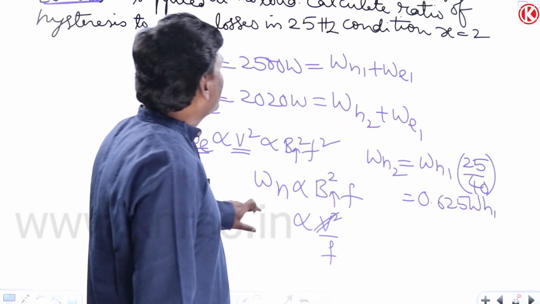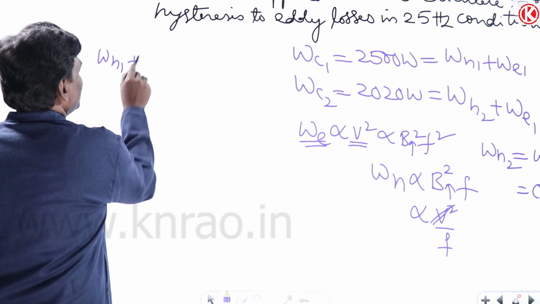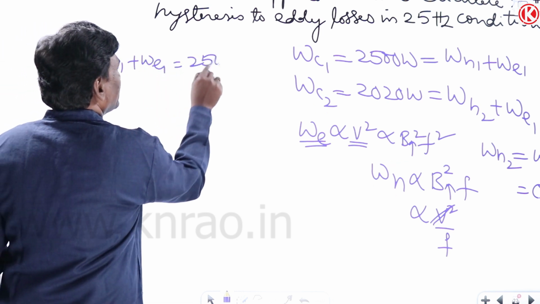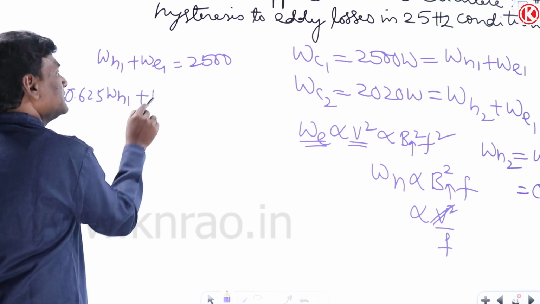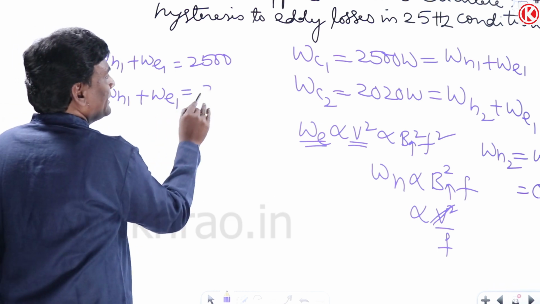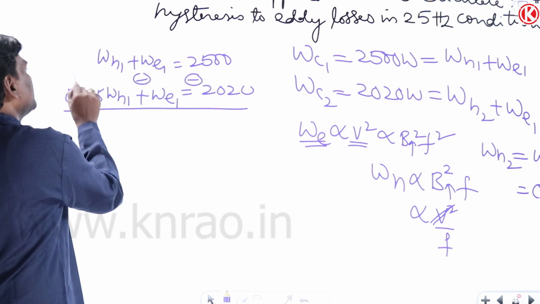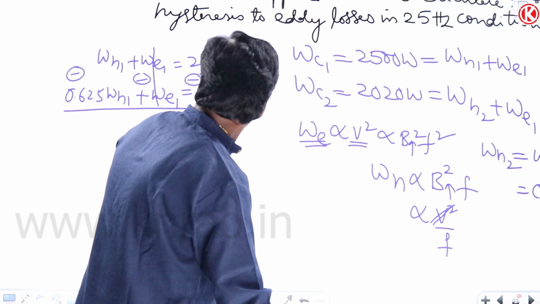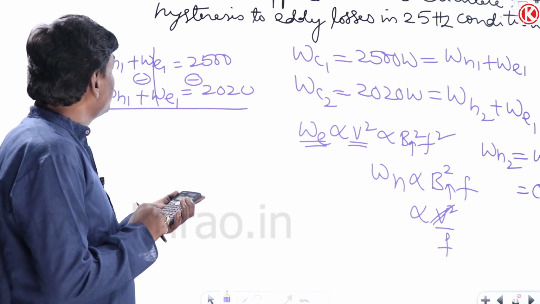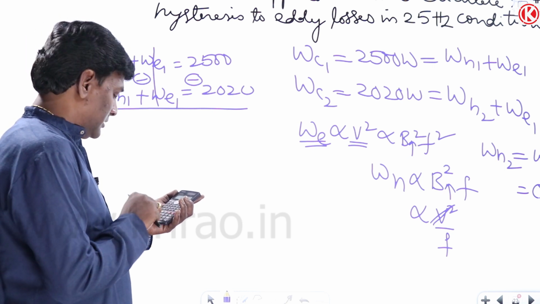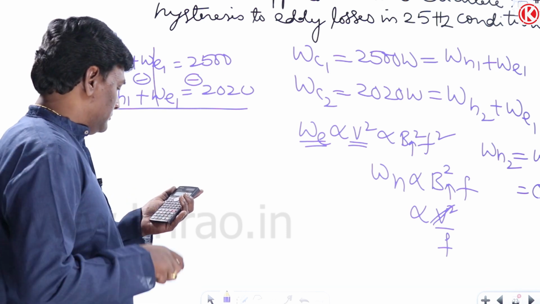Second case. Now let us write these two equations. See, WH1 plus WE1 should be 2500, and 0.625 WH1 plus same WE1 equal to second case 20. So if I negate this, WE cancels. Okay, how much is WH1? 1 minus 0.625, 2500 minus 20 by that, 1280.